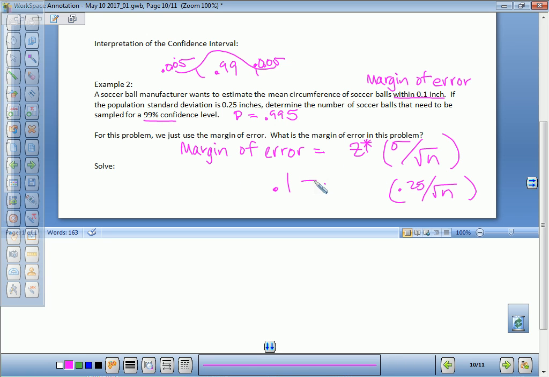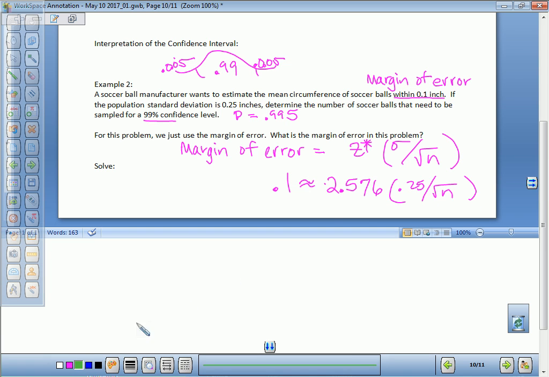I used the calculator and I gave myself 3 decimal places. I am estimating my Z-score here, so I'm just going to change these to squiggles for approximately equal to. Did you get 2.576? All right, and now we just have to solve for n, guys.